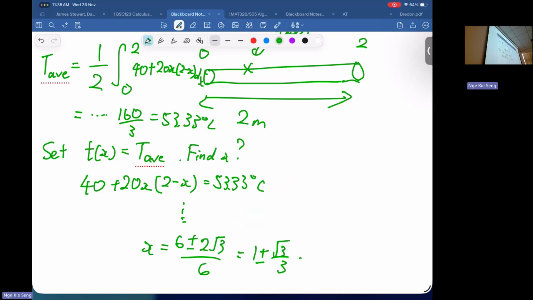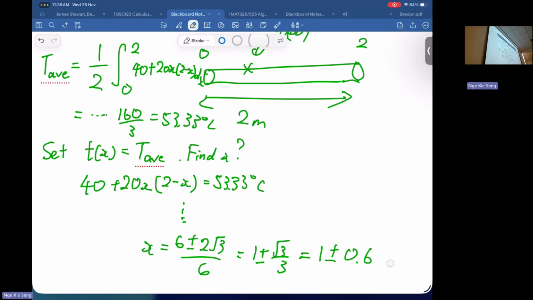Square root 3 over 3 is what? You can press your calculator. What is square root 3 over 3? What is it? 0.6, 6 something?